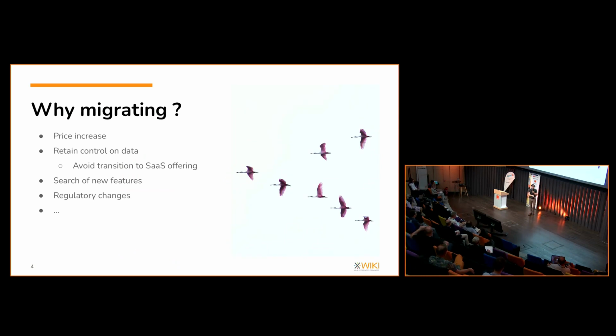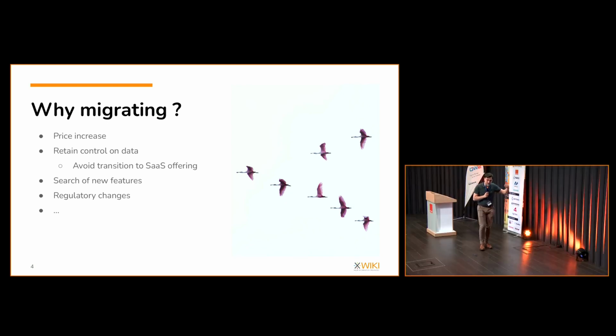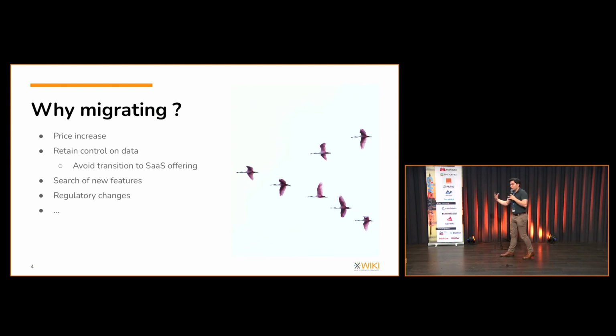The example that I will use here about Confluence is really, today at XWiki we are taking a lot of requests from people migrating away from Confluence because Atlassian, the company editing Confluence, has changed its price model, basically discontinuing one of the Confluence offers and raising prices over the product line.